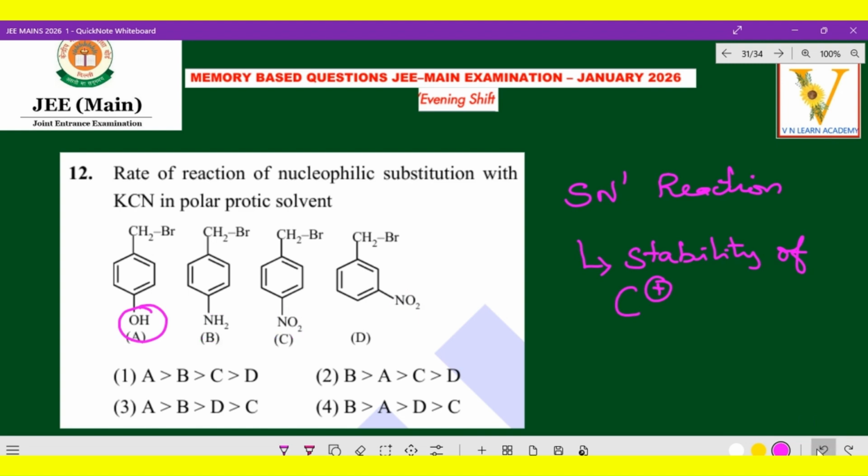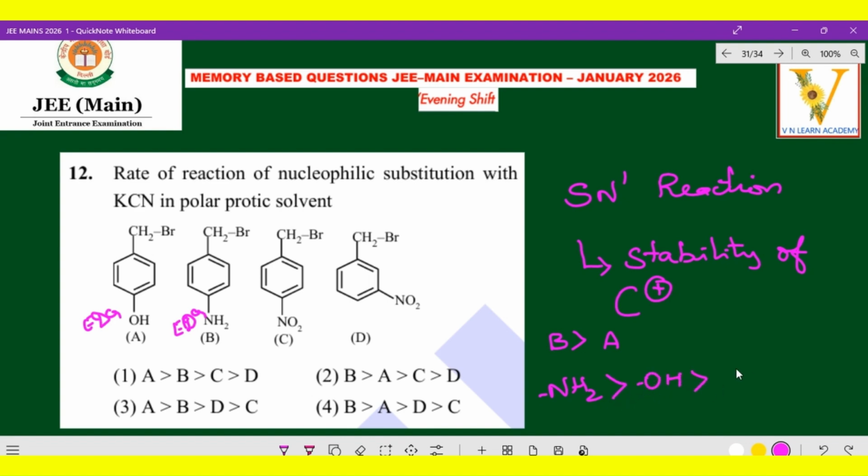So according to this, here is a plus I electron donating group. The same way this is also an electron donating group. As we are observing, B is the first one, so B will be the highest. Next highest is OH, that means A. So NH2 is greater than OH.